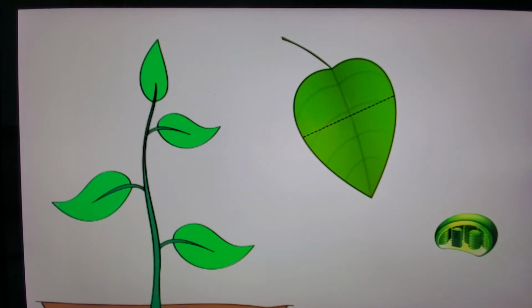Now here's part 2. What we're going to do is look at how, whether it's a whole plant, a leaf, or the chloroplast, the organelle itself, what it is that goes into those structures that will eventually create this glucose, food, sugar, carbohydrate. All those words mean the same thing.